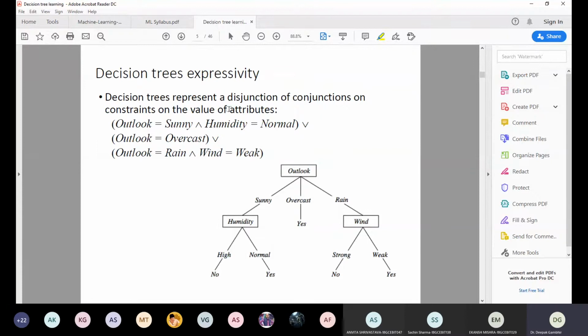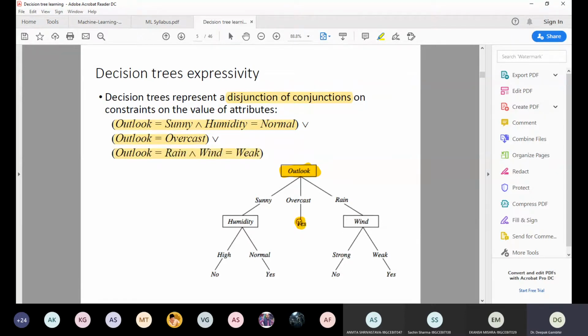So a decision tree is the disjunction of conjunctions. If we consider this decision tree, it considers outlook sunny with humidity normal, outlook overcast, and outlook rainy with wind weak.